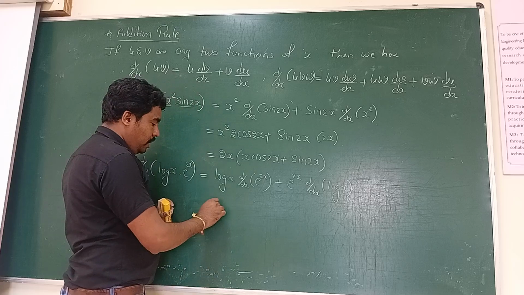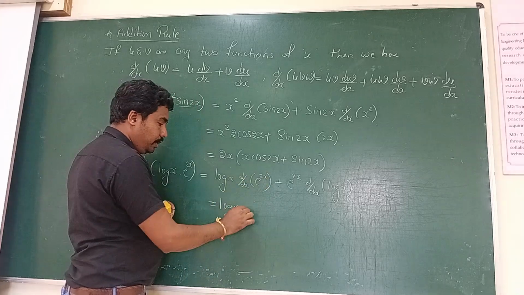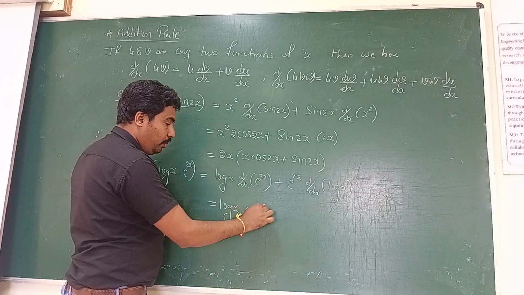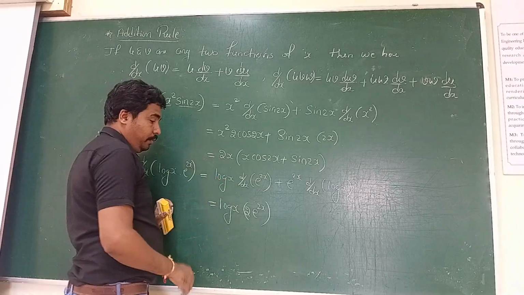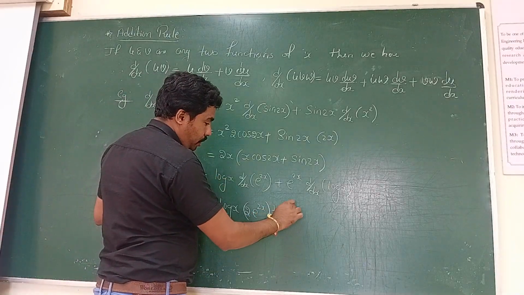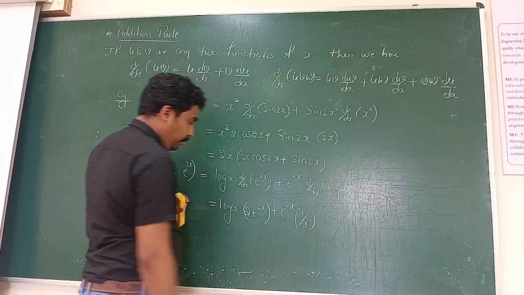So what is the answer? log x into the differentiation of e^(2x) is 2 into e^(2x), because we know e^(ax) differentiation is a into e^(ax), plus e^(2x) as it is, log x differentiation 1/x.